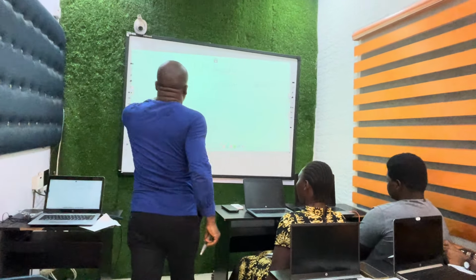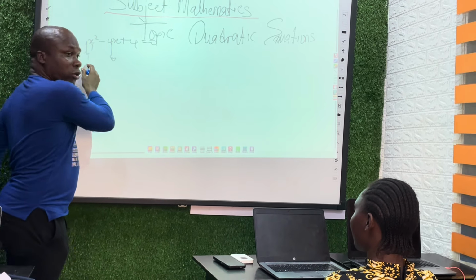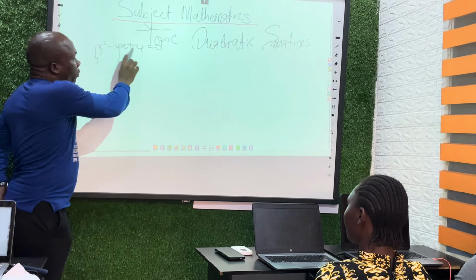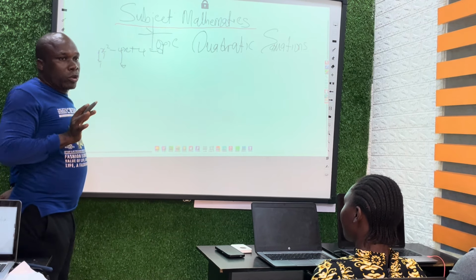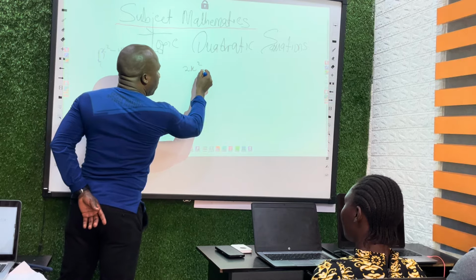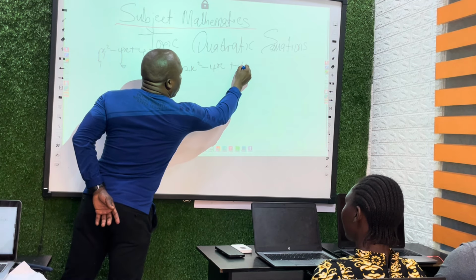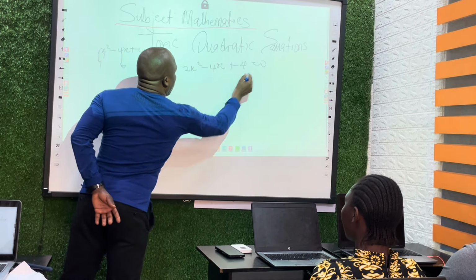Okay, let's go back. Step 1 says make sure the coefficient of x squared is unity. So it's already in that form, so don't disturb it. But supposing you have this kind of equation, 2x squared minus 4x plus 4 equal to 0. This is not the right equation we're using, I just want to emphasize this.